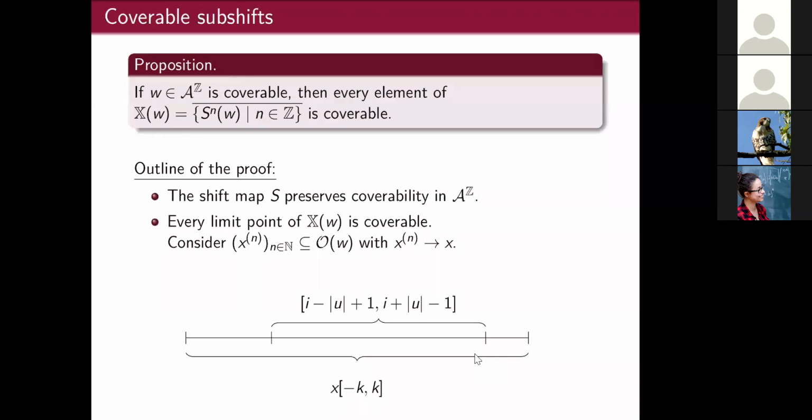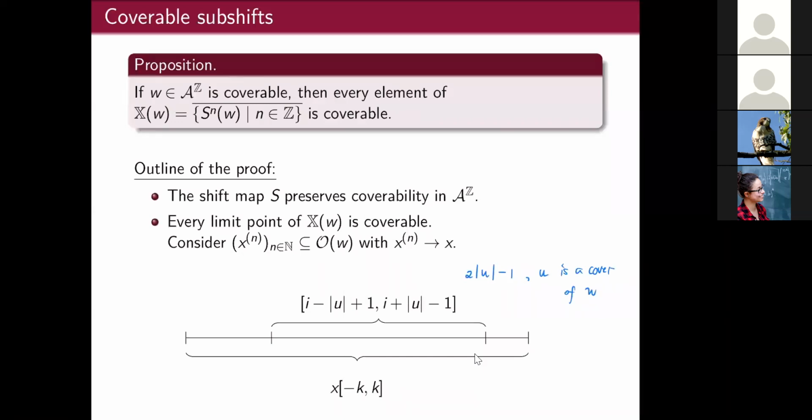And if K is the limit of this sequence, for any position I of X, we want K large enough so that the position I will be contained in some interval of length 2 times the length of U minus 1. So U here is a cover of W.